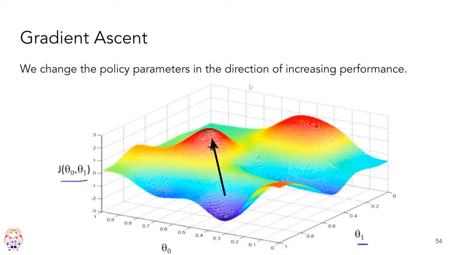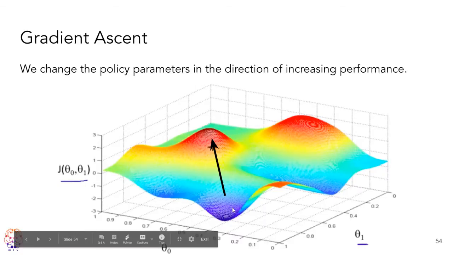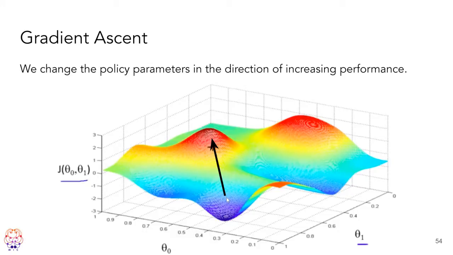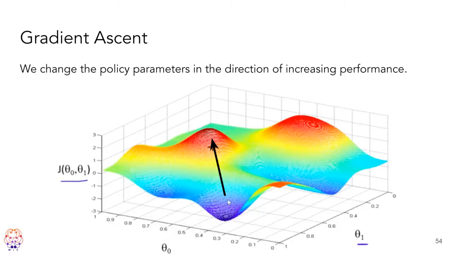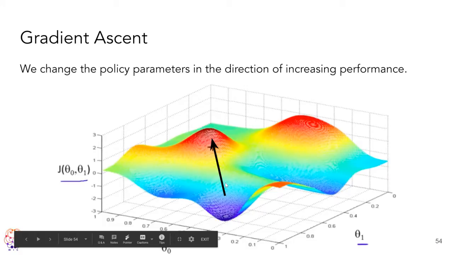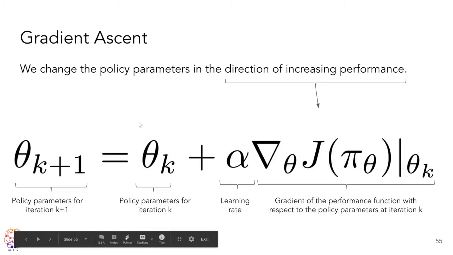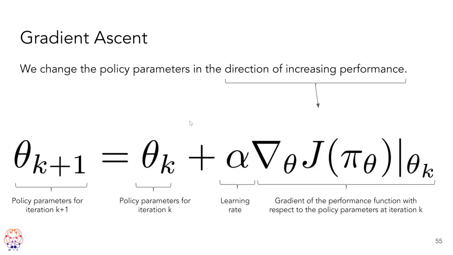And here's what it looks like. We start in some parameter space at some point. We say what is the slope, in what direction to increase the policy, and we just take one step in that direction. To do that, we just pass it into this equation here.